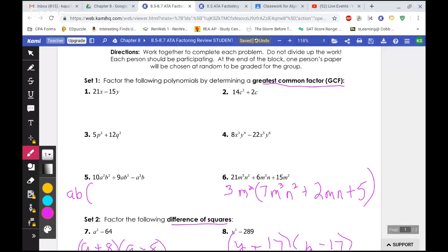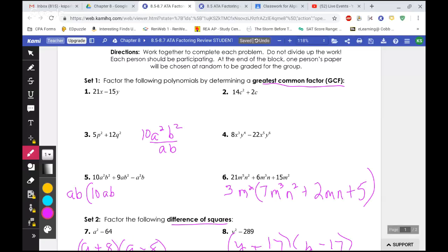So if I take an AB out of 10A squared B squared, what would I have left? Just A and B. Yep, just A, B, but I also write my 10.